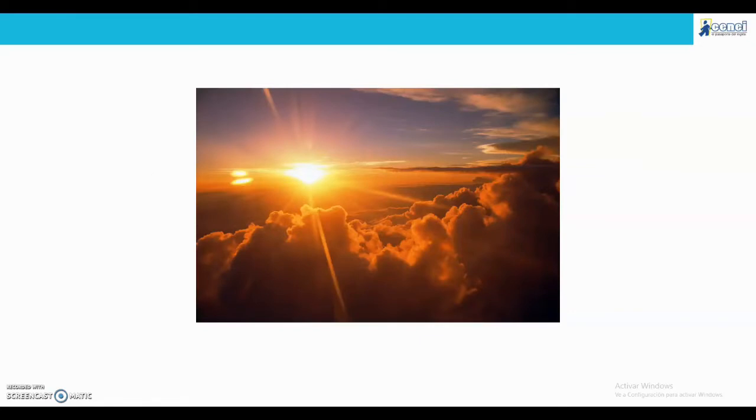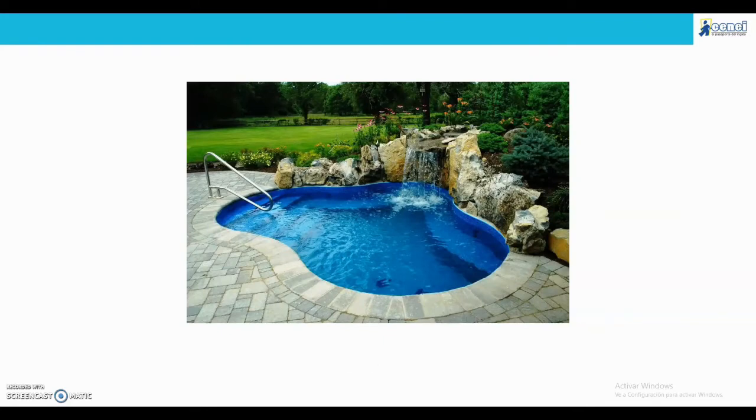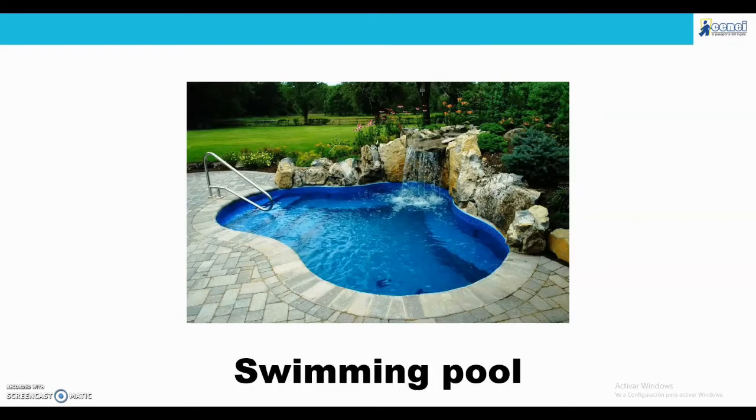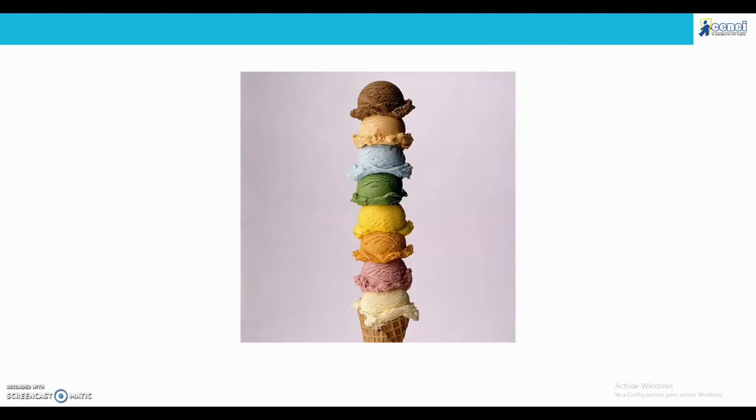Now in this one, you might be able to see it if you wake up before 7 or even at 7. And it is sunrise. Now this one is where you can relax, think, and even exercise. And it is a swimming pool. Finally, we have this one that who wouldn't want to eat some with this weather? And the answer is ice cream.